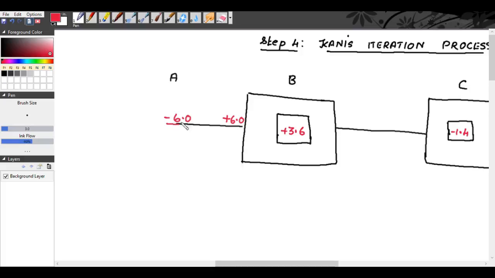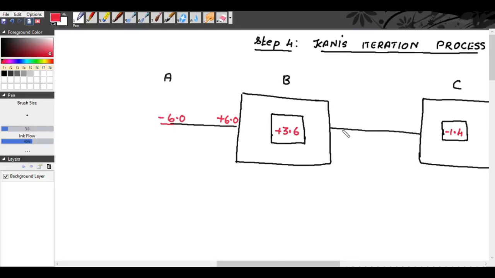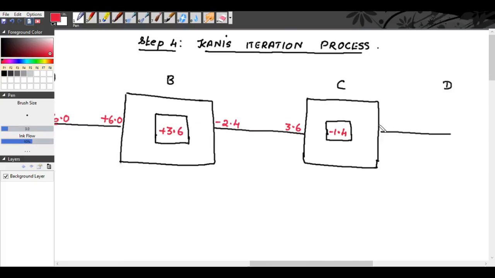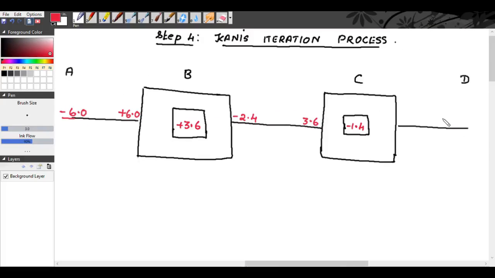Again, for the span BC, the fixed end moments are minus 2.4 kilonewton meter and 3.6 kilonewton meter. Now for the span CD, the fixed end moments are minus 5 kilonewton meter and plus 5 kilonewton meter.